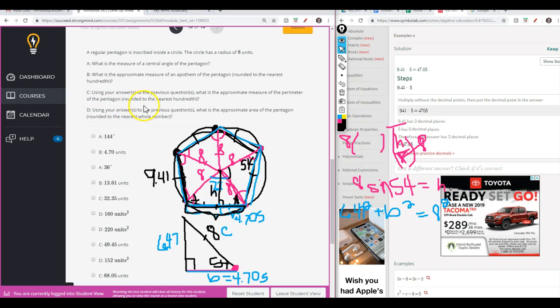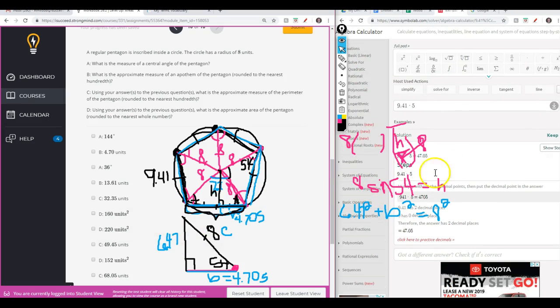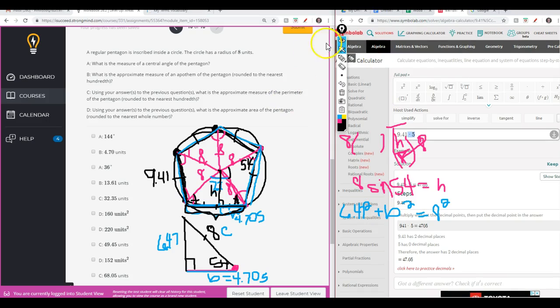And then it says, using your answer to the previous questions, what is the approximate area of the pentagon? So again, we're going to use our base times our height. Again, our base was 9.41. We're going to use the area of this triangle. Sorry, let me back up and explain what I'm thinking. So we're going to use the area of one of these triangles, and then we're going to multiply it by 5 because there's 1, 2, 3, 4, 5 identical of those triangles.